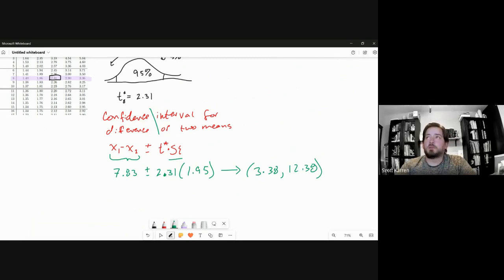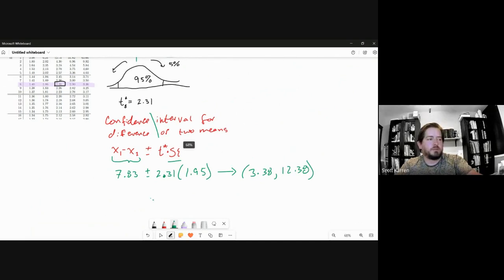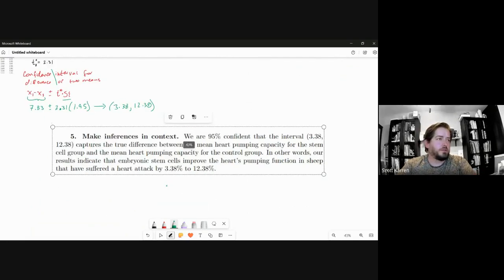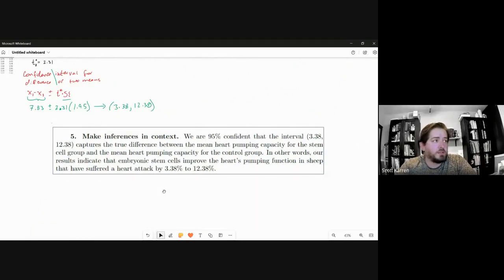So again, what does that mean in context of this problem? We are 95% confident that the interval of 3.38 to 12.38 captures the true difference between the mean heart pumping capacity for the stem cell group and the mean heart pumping capacity for the control group.